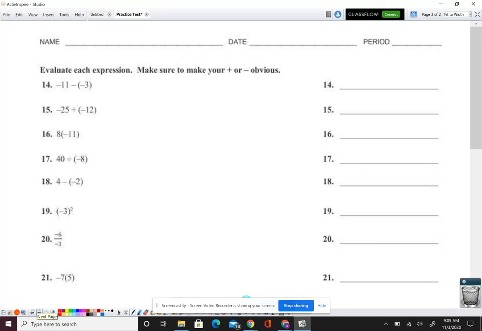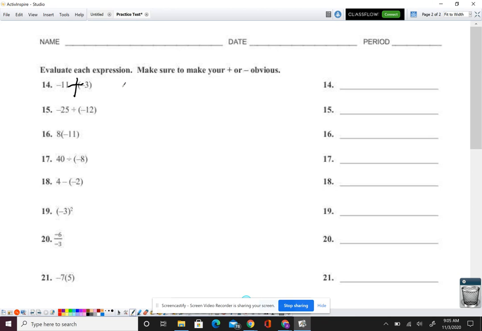These ones are just like 10 through 13, other than it doesn't have a variable, but it still wants you to simplify them down. The minus and the minus right next to each other. I could go through the whole thing of subtraction being the same as adding the opposite, or I can just put that plus sign down.